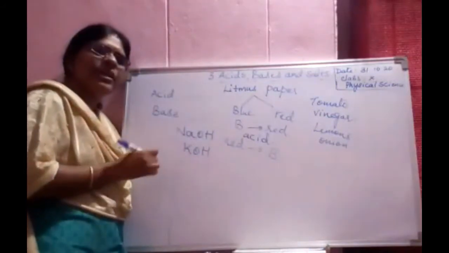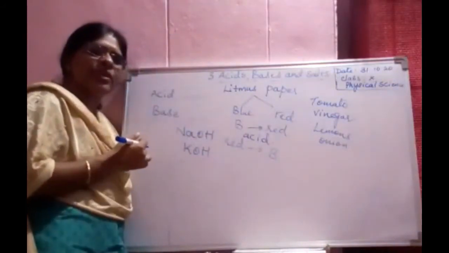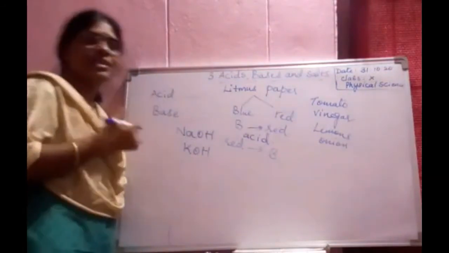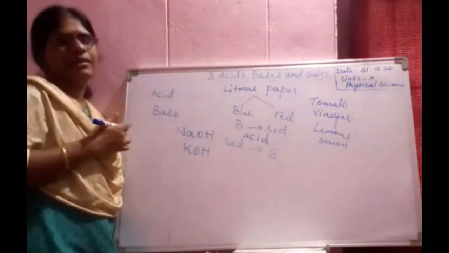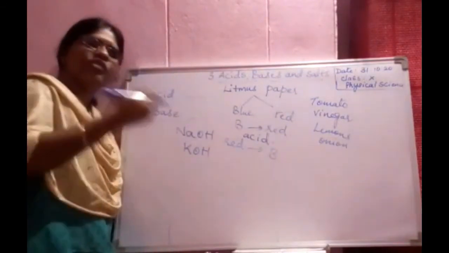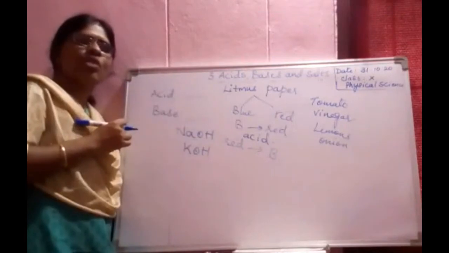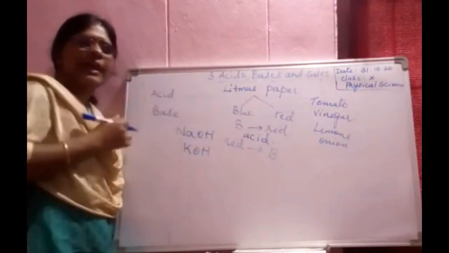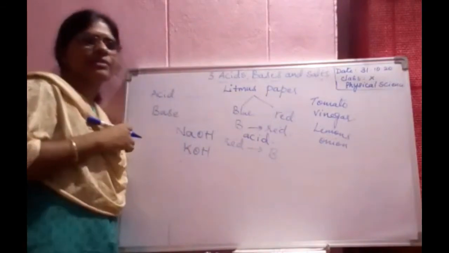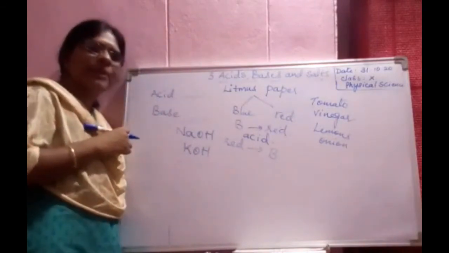Now, when you are playing at home, sometimes you have seen certain things like turmeric powder. If you add some amount of calcium, like lime, to turmeric powder, what happens to that?